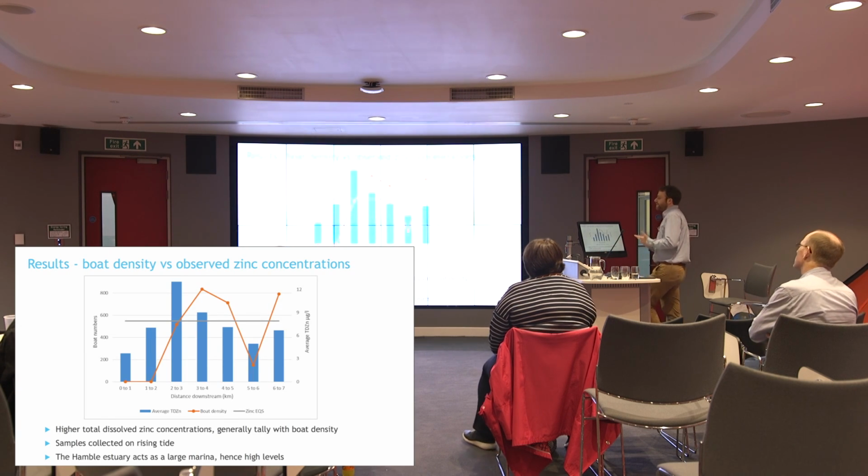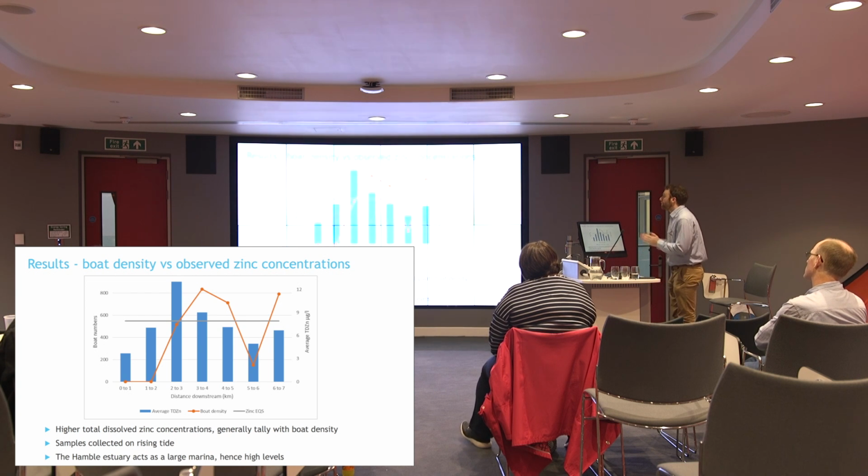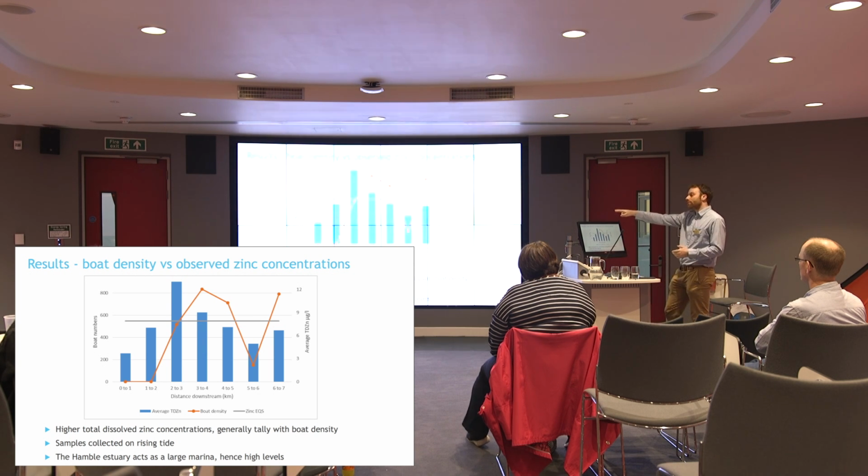So, as I said before, higher total dissolved zinc concentrations are generally found in areas of higher boat density. This graph has divided the estuary up into 1 kilometre sections, and we have averaged the total dissolved zinc concentration for those sections and plotted the boat density against it.